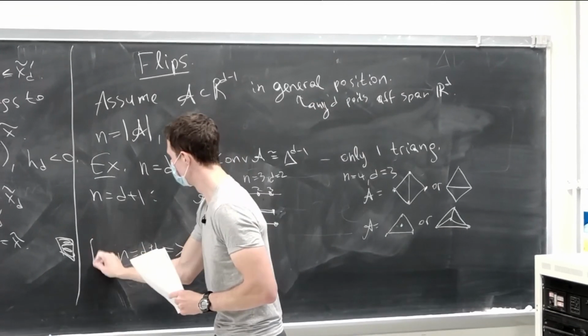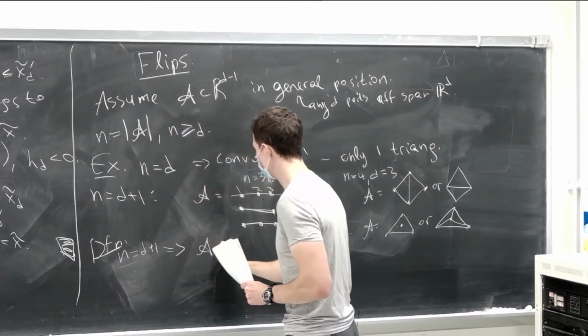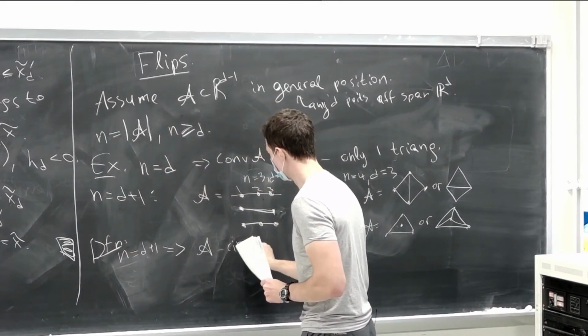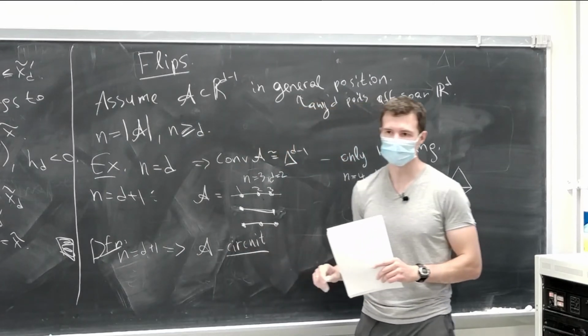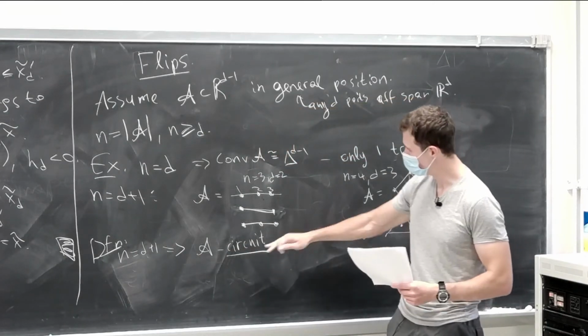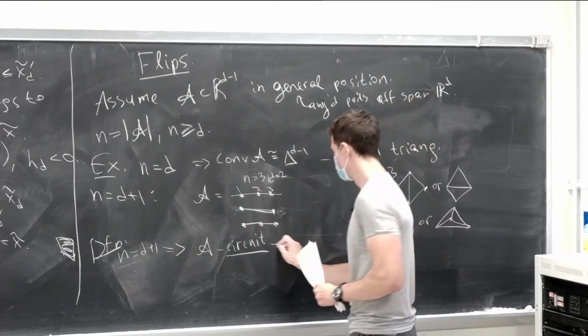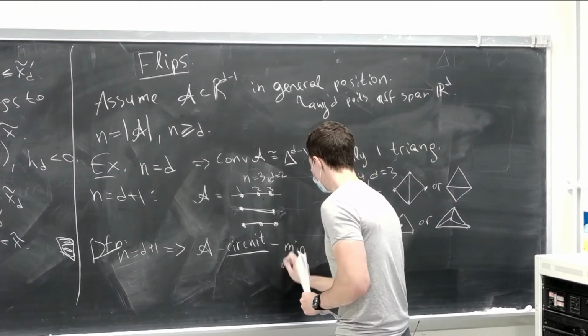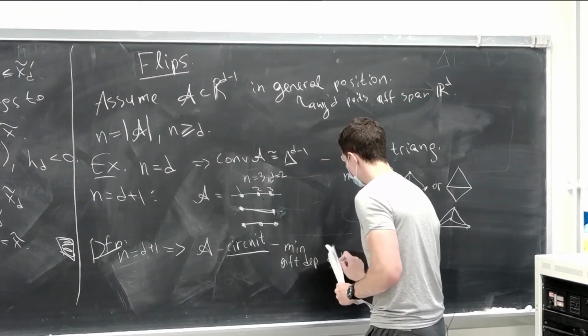Then by definition, I'm going to say that A is a circuit. By a circuit, I mean a minimal set of points which are affinely dependent.